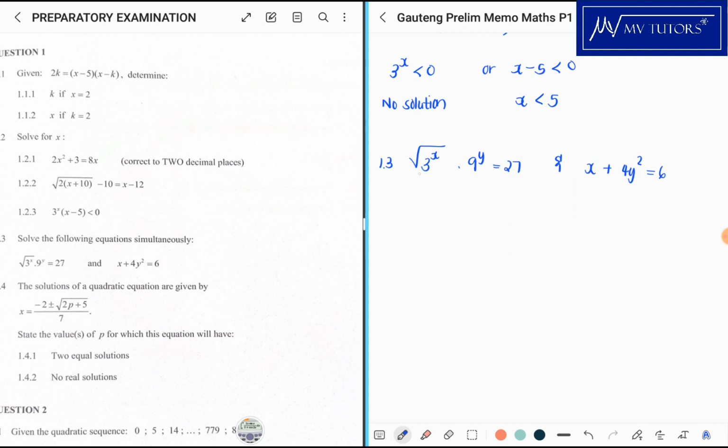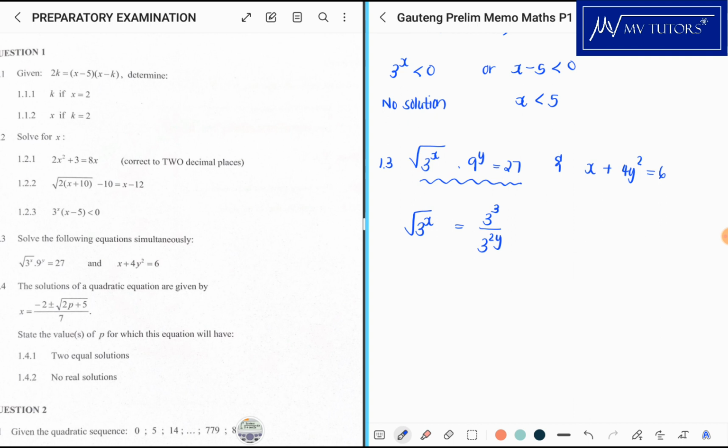I can see that this first equation can be written with the base 3. So I'm going to leave 3 to the power x, and take 9 to the power y to the other side by dividing. So I have 27, which is 3 to the power 3, and I have 9 to the power y, which can be written as 3 to the power 2y.